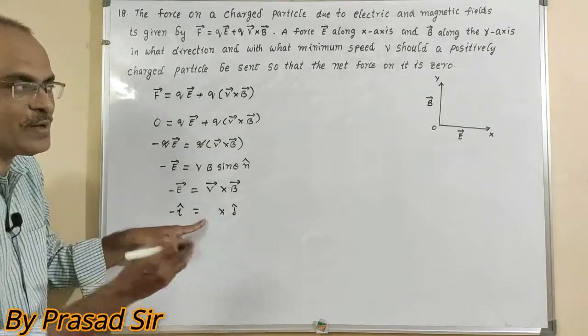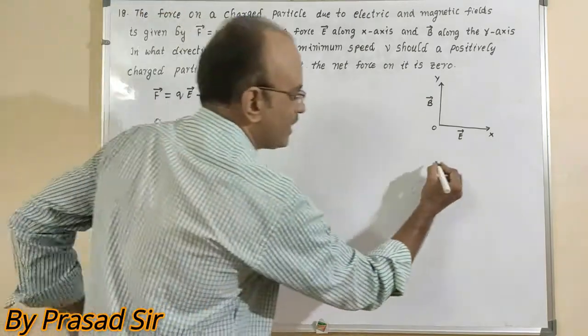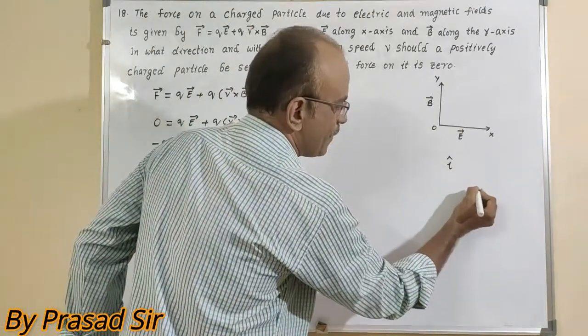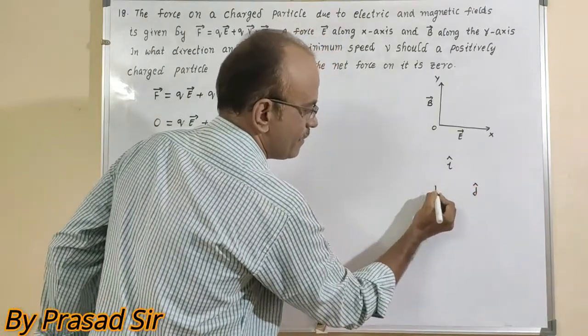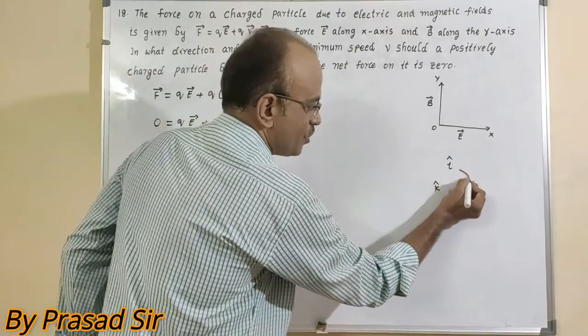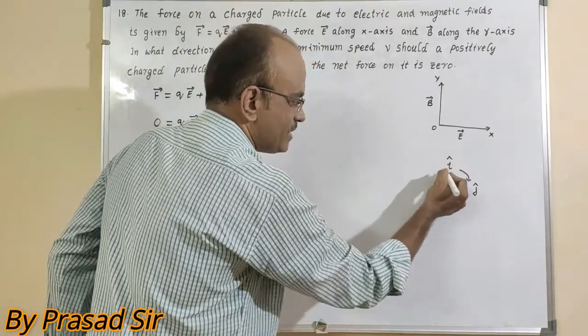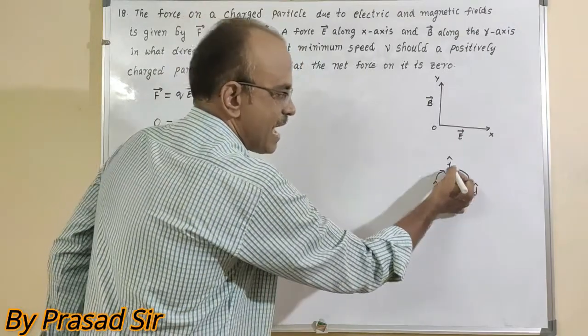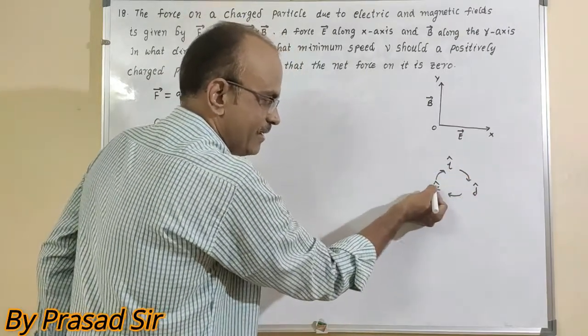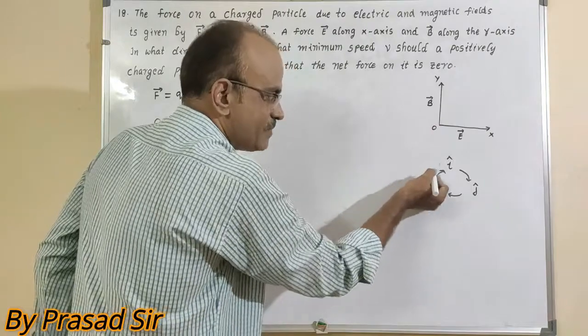To understand this one, we have a rule. What is that? i cap, j cap and k cap. When we take them in the anticlockwise direction, i cross j becomes k, j cross k becomes i.